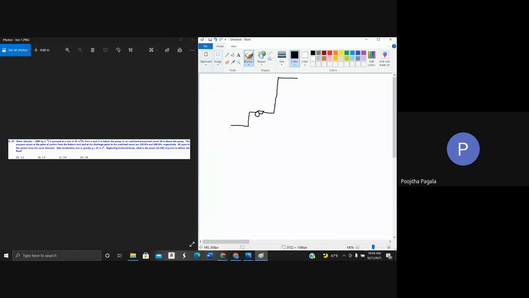So this is the system given to us. At this point, the pressure P1 is 120 kPa. And at this point, the pressure is 240 kPa.